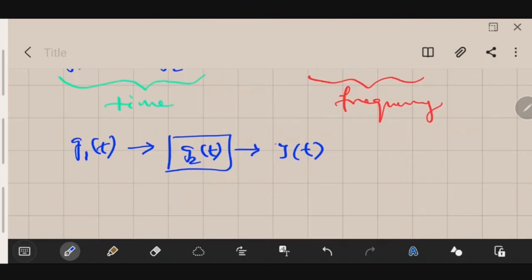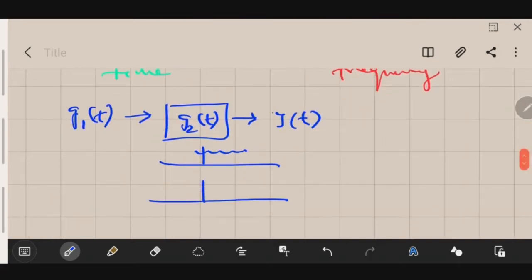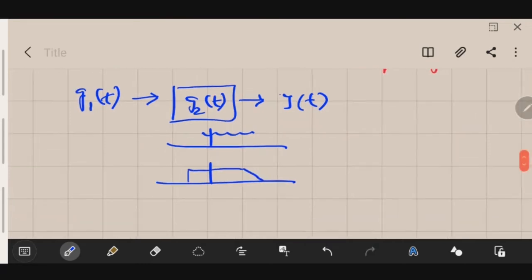So this process involves a lot of things. What you are essentially doing is, if this is your signal g of t, and let's say this is your impulse response, you first find the mirror image of it, and then you shift its position.